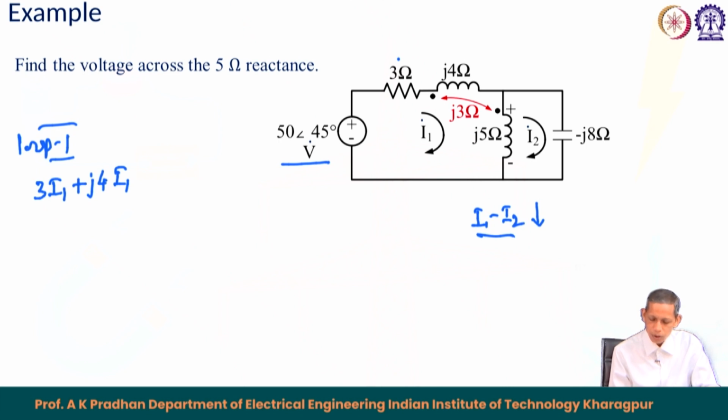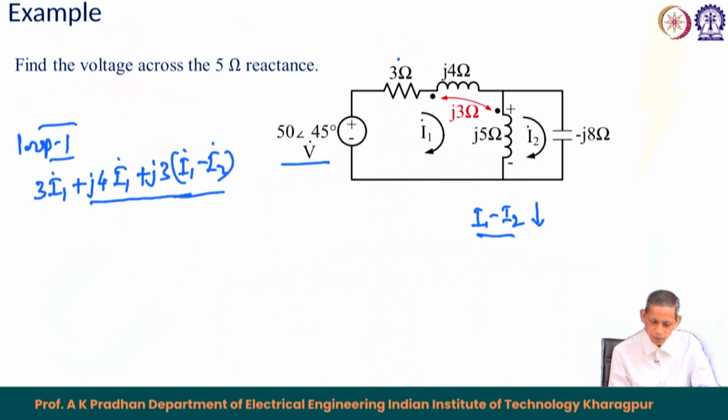Now, we will go to the mutual part of the J4. The corresponding current in the J5 will be I1 minus I2 downward. Therefore, that will result in positive mutual, so J3 into I1 minus I2.